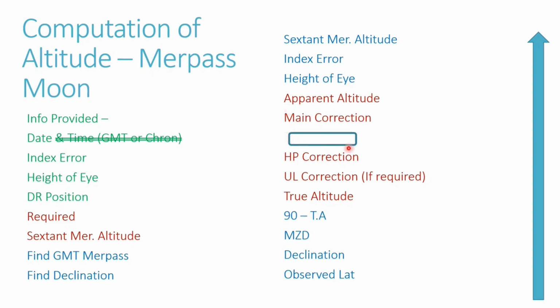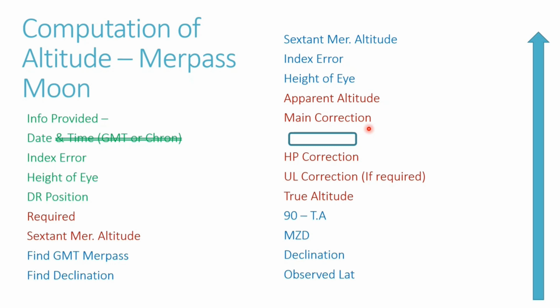What we have is the uncorrected altitude represented by this box. So the problem now is that if we enter into the main correction table with this uncorrected altitude, the main correction which we will be getting will have error in it.